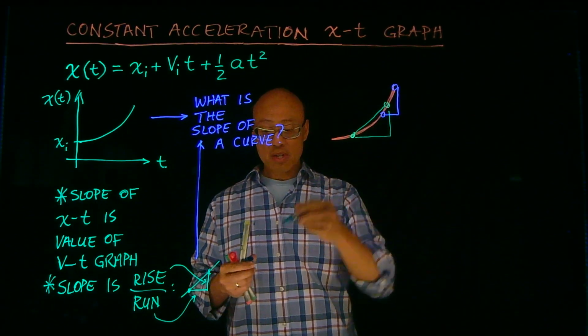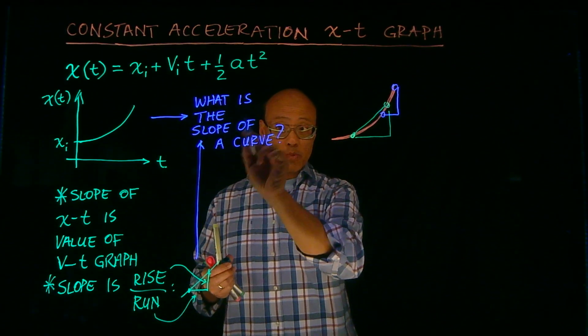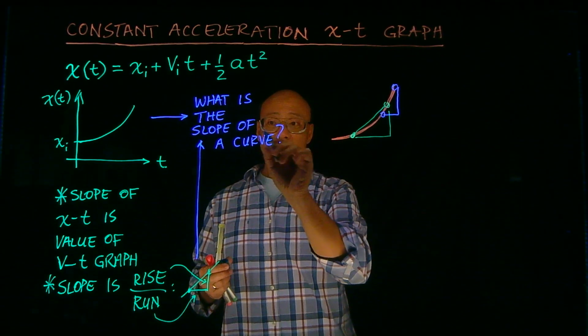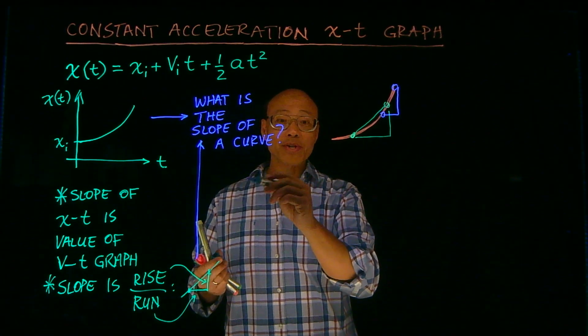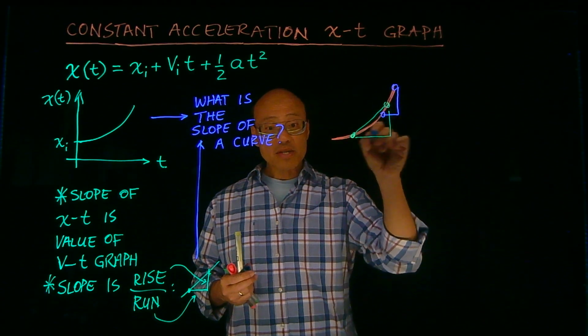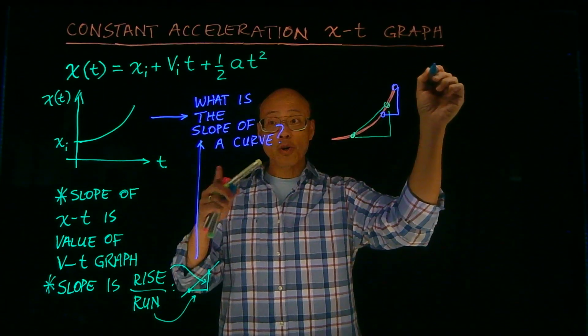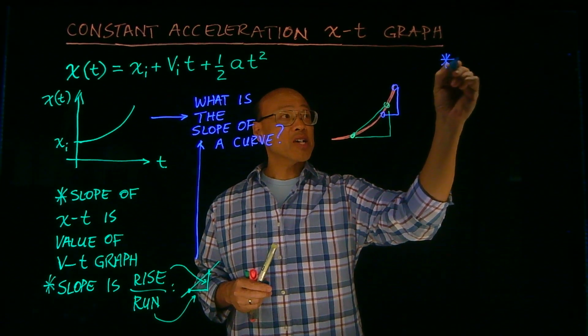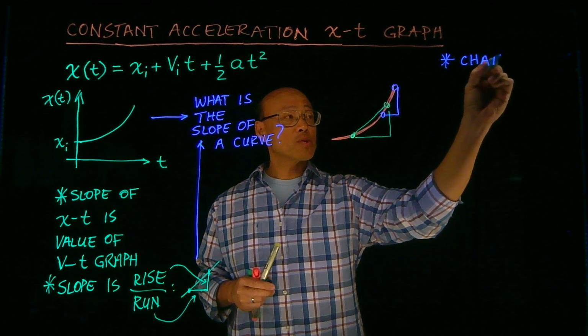So that alone gives us our first answer in terms of what is the slope of a curve? It's not a simple answer. There are certain characteristics of the slope of a curve. This shows that the first thing that the slope on a curve does is that it changes. So it varies.